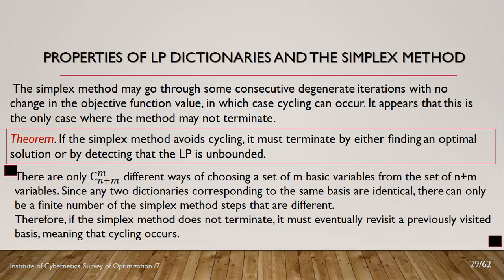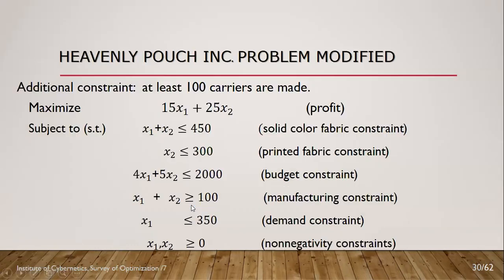So let's see what kind of problem we can see with this stage, and let's consider the following example, which again refers to Heavenly Pouch Incorporated. Recall that we were talking about a manufacturer of carriers, and the objective function formulated before is to maximize the profit. Also, we had solid color fabric constraint, printed fabric constraint, budget constraint, demand constraint, and of course non-negativity constraint.